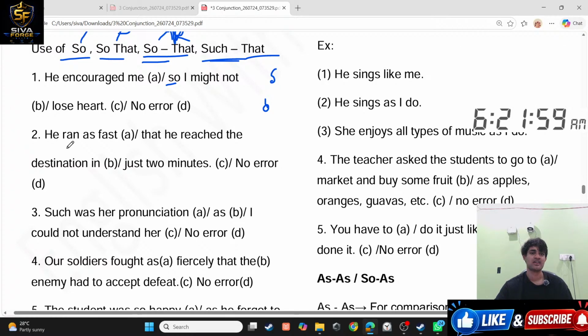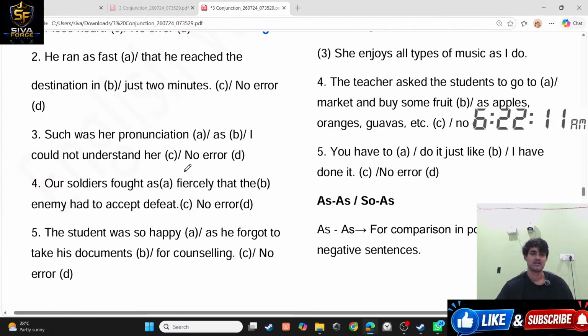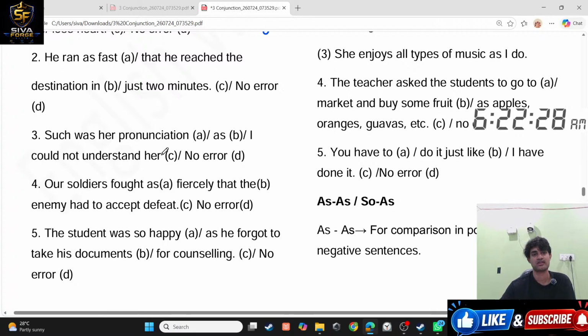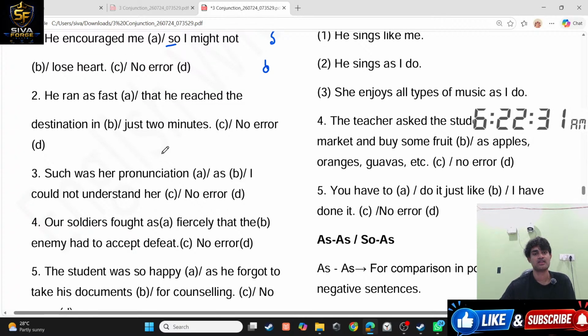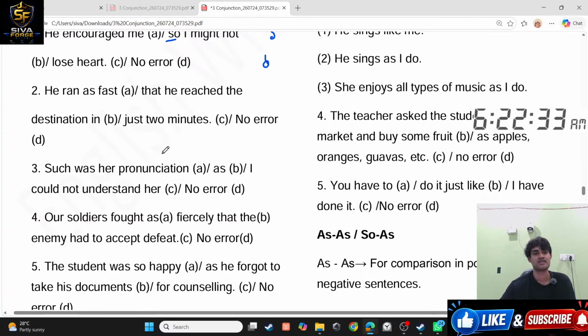He ran as fast, so he reached the destination in just 2 minutes. Such was her pronunciation as I couldn't understand her. Such that, I think so, yeah, result. Such was her pronunciation that I could not understand her. He ran so fast that he reached the destination in 2 minutes.